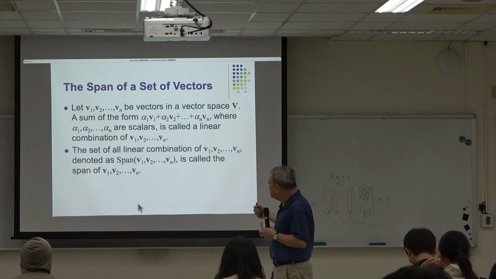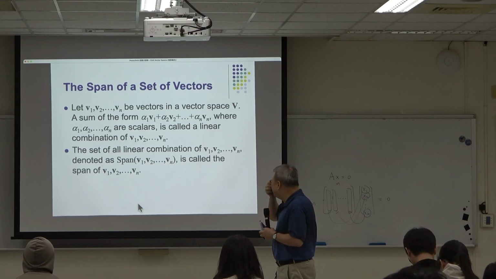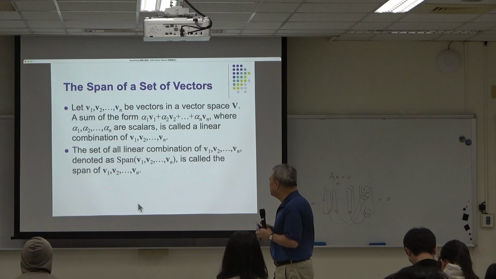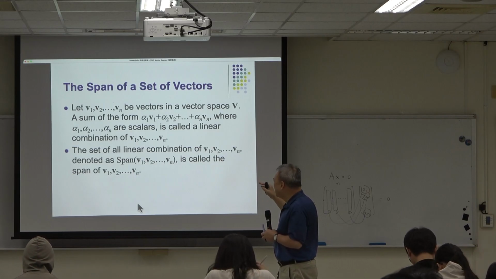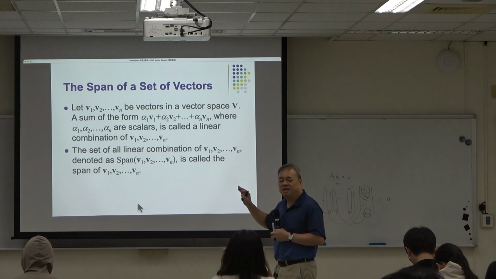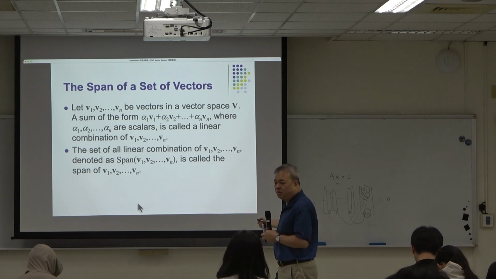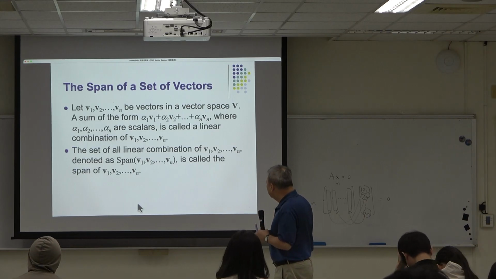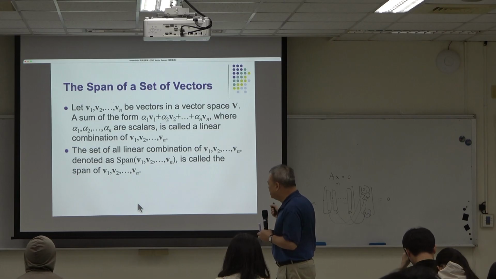Given n vectors in a vector space, the sum of the form alpha 1 b1 plus alpha 2 b2 plus and so on plus alpha n bn, where alpha 1, alpha 2, up to alpha n are scalars, any real numbers, is called a linear combination of b1, b2 up to bn.